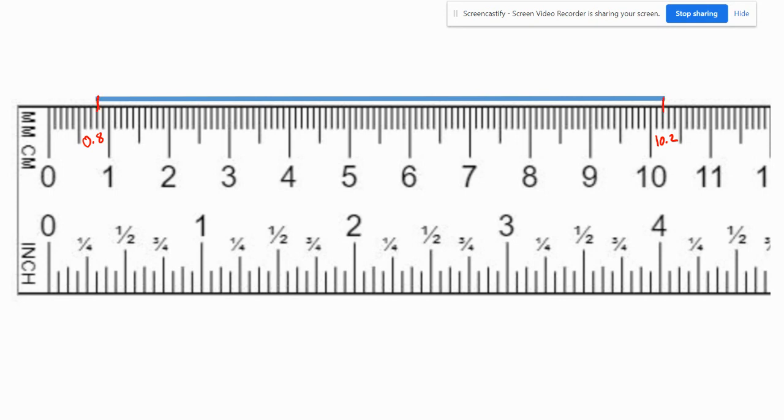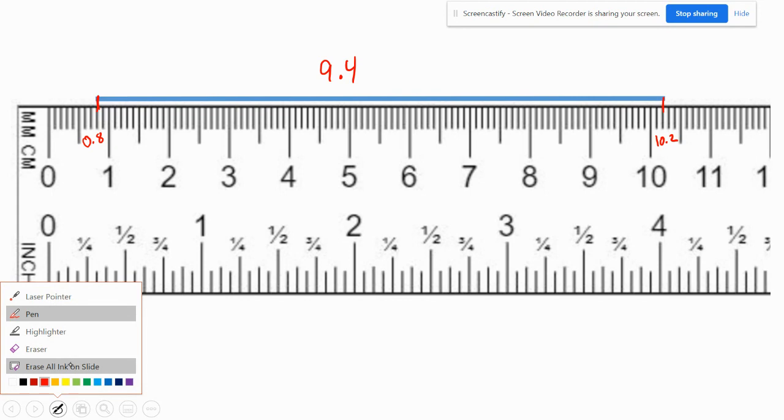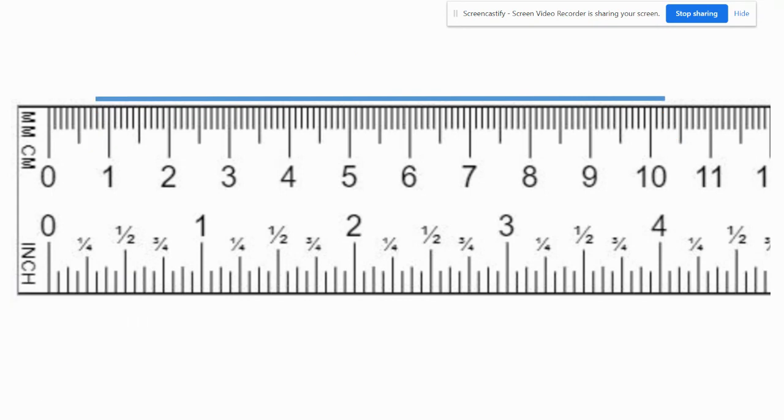For me to know how big that segment is, I just subtract those two values. 10.2 minus 0.8 gives me 9.4. Pretty simple, right? Now, for this other segment, I'm not going to give you which numbers I'm subtracting. I want you to do it on your own. You should get 7.7 for this one.